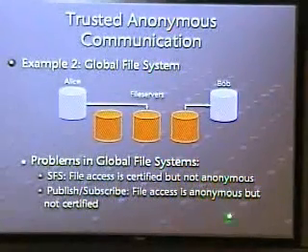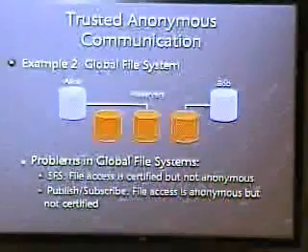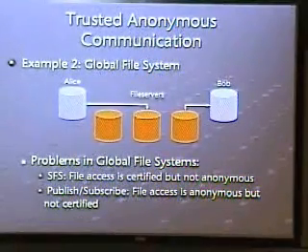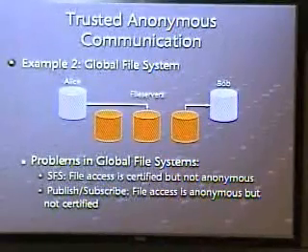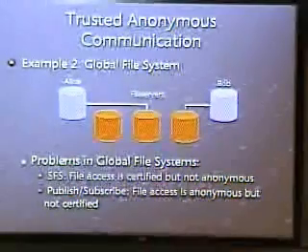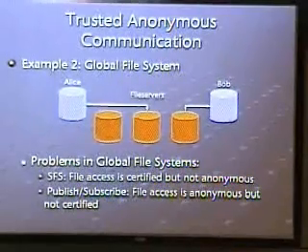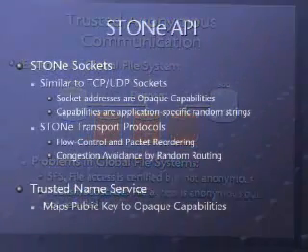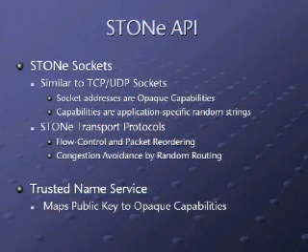The other option is publish-subscribe, where file access is anonymous but not certified, similar to what peer-to-peer networks use, or even Freenet. So we can use Stone to solve this problem and combine anonymity with certification.